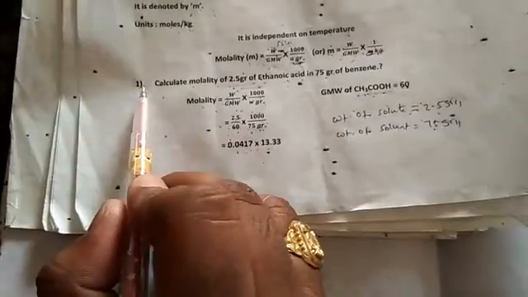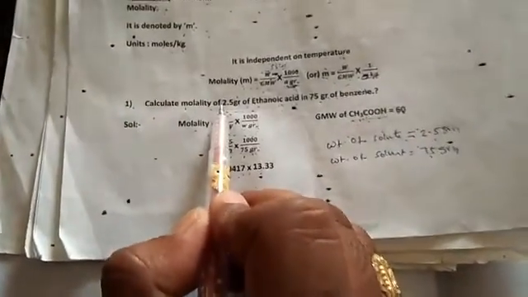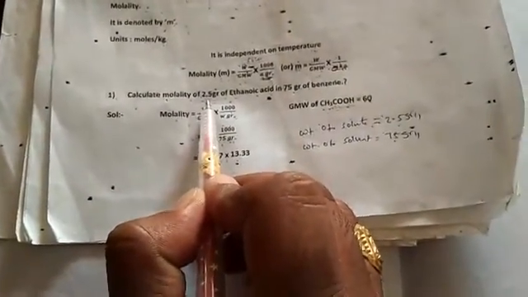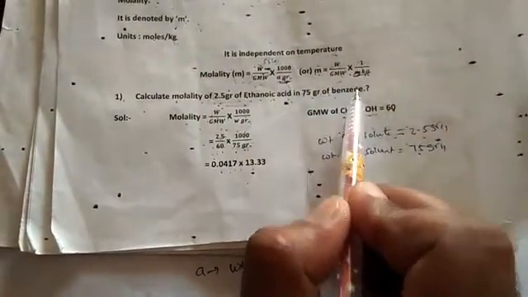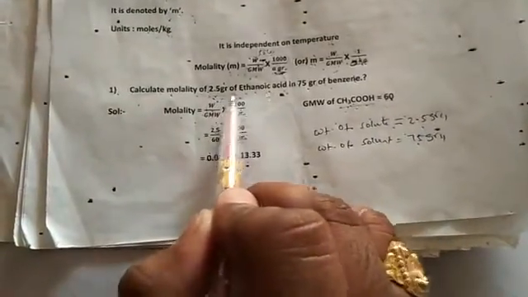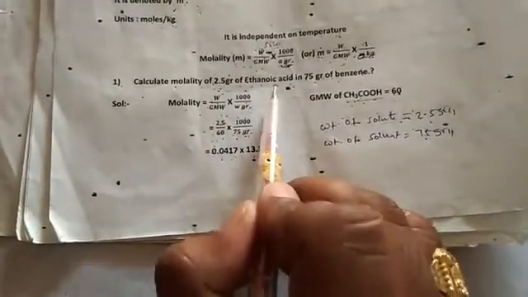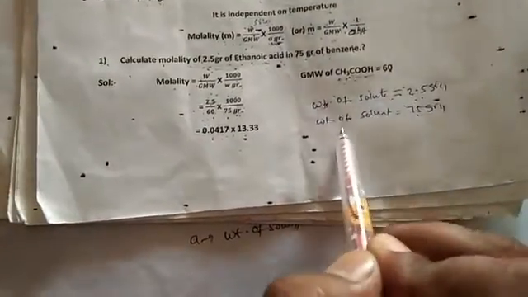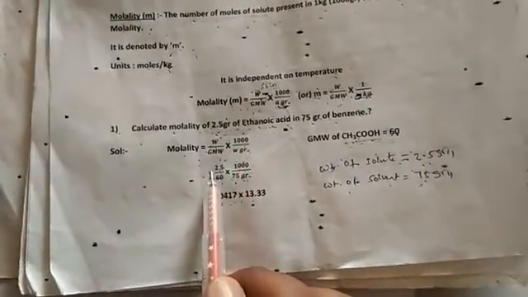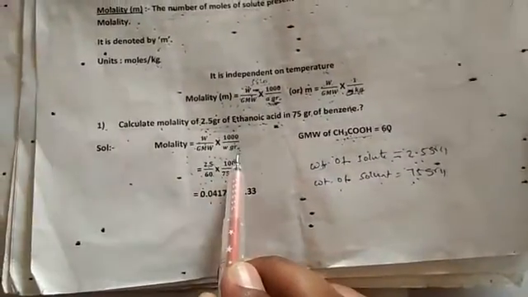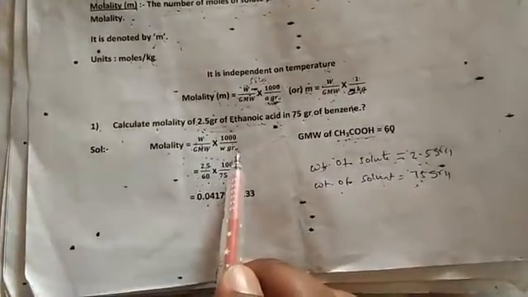Next problem: calculate the molality of 2.5 grams of ethanoic acid in 75 grams of benzene. Weight of solute equals 2.5 grams, weight of solvent equals 75 grams. Molality equals weight by gram molecular weight into 1000 by weight of solvent in grams.